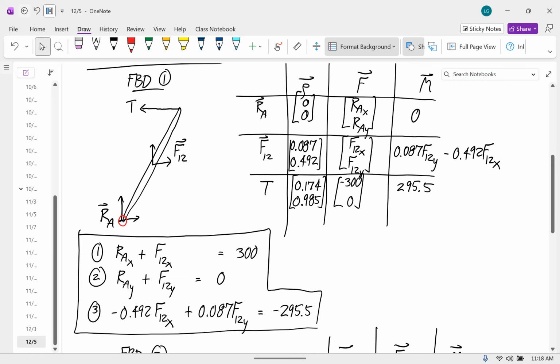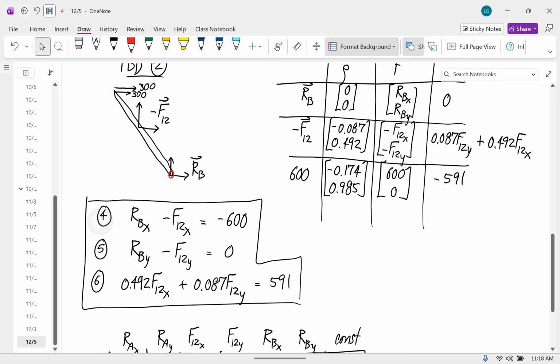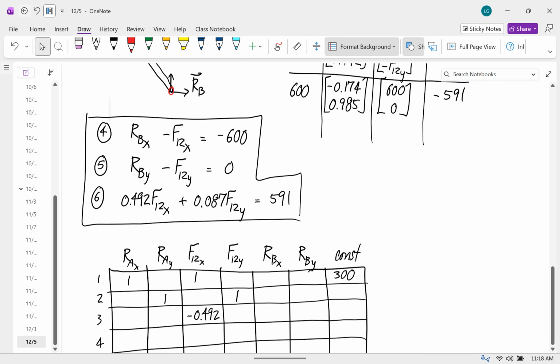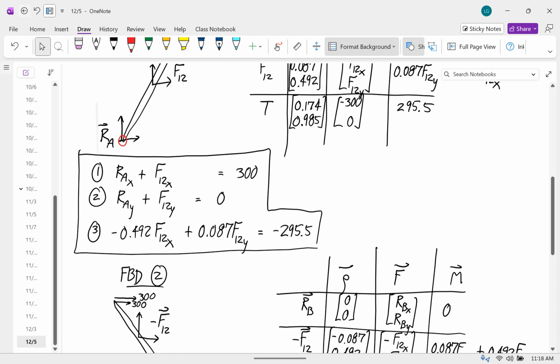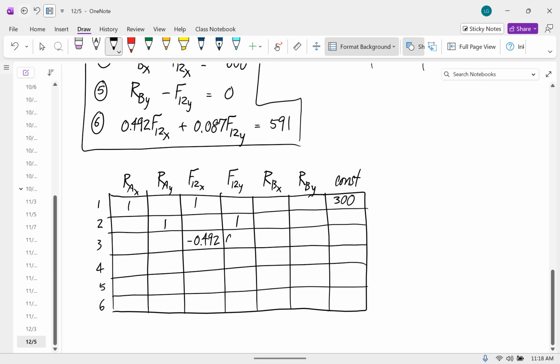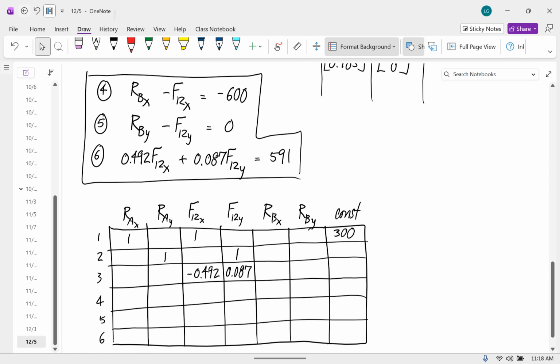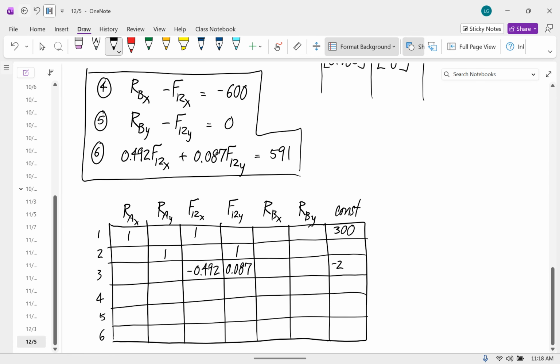Let me just check. So negative 0.492, right? Positive 0.087. And the constant is negative 295.5.